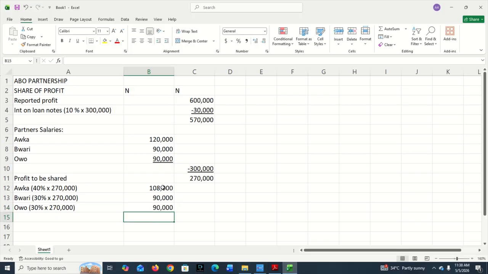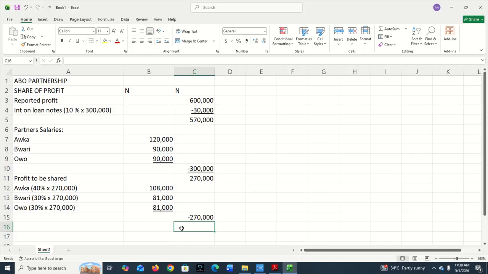It will give you 81,000 each. So if we add the three up, it will give us 270,000. So 270 minus 270,000. So that's the first 5 marks that I've just done.